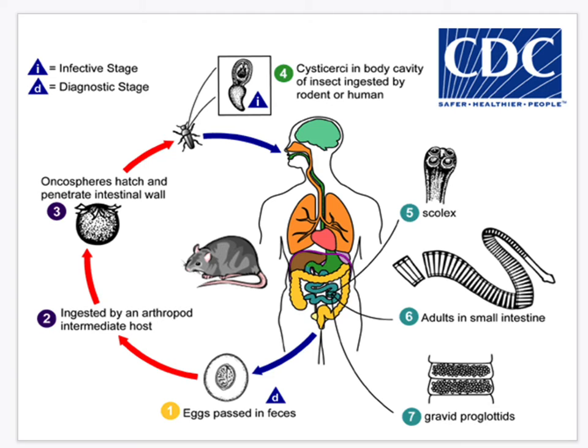carrying the cysticercoid larva. Again, your H. diminuta. The definitive host acquires the infection by ingestion of an intermediate host carrying the cysticercoid larvae.